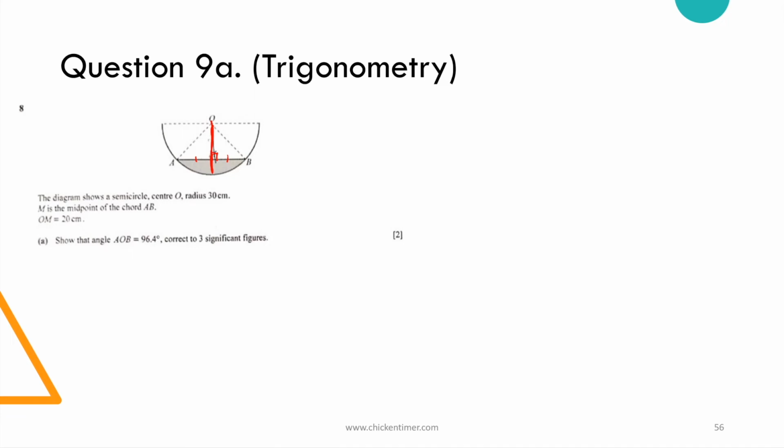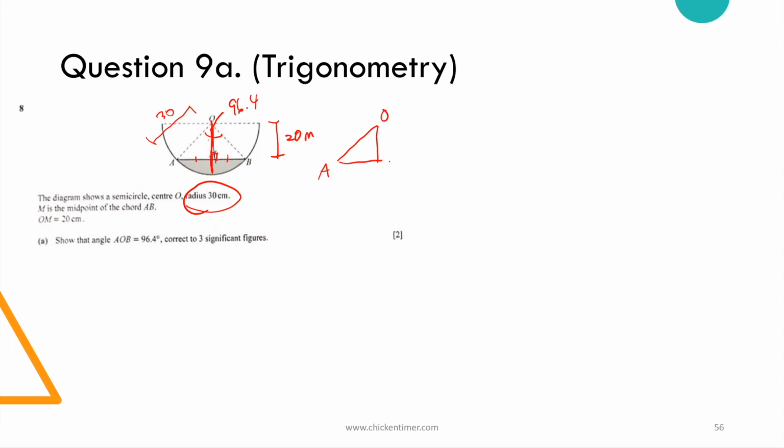So now we have to show that angle AOB is 96.4 degrees, and OM is 20. Another piece of info down here is the radius is 30. So we can break that triangle into two triangles.